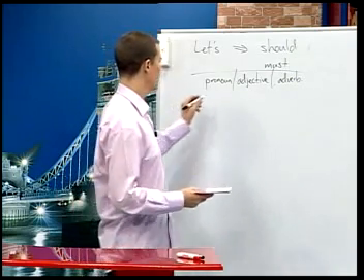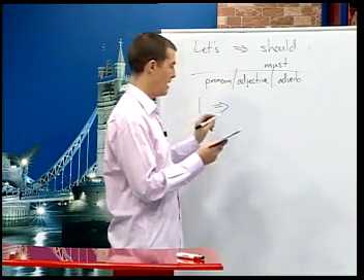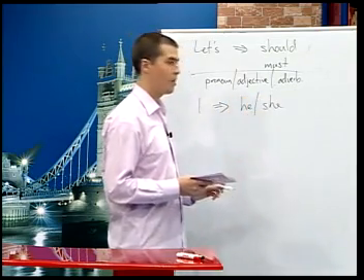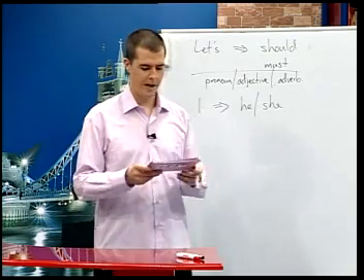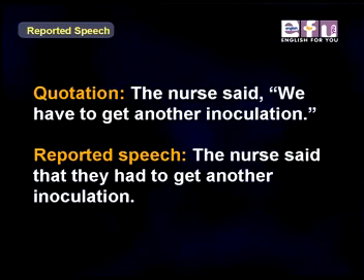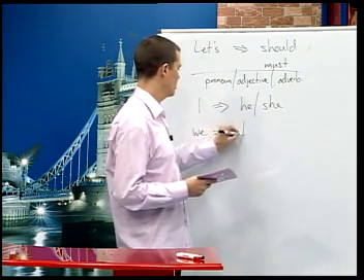So the pronoun I becomes he or she. Probably not it. Okay? Second sentence. Quotation. The nurse said, we have to get another inoculation. Reported speech. The nurse said that they had to get another inoculation. So the pronoun we changes to they.